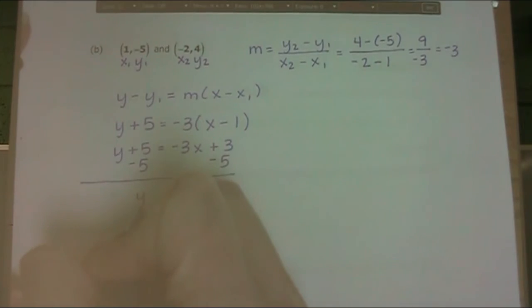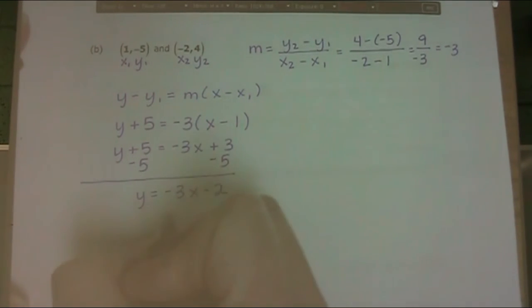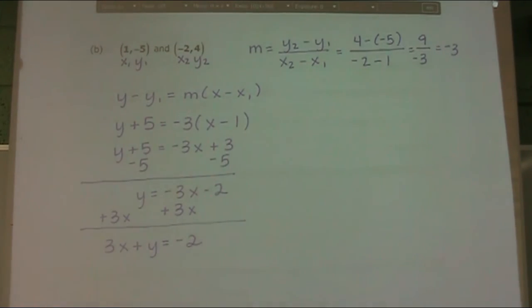And I have y equals negative 3x minus 2. Now I need my x's on the left to have standard form, so add 3x to both sides. And I have 3x plus y equals negative 2 in standard form.